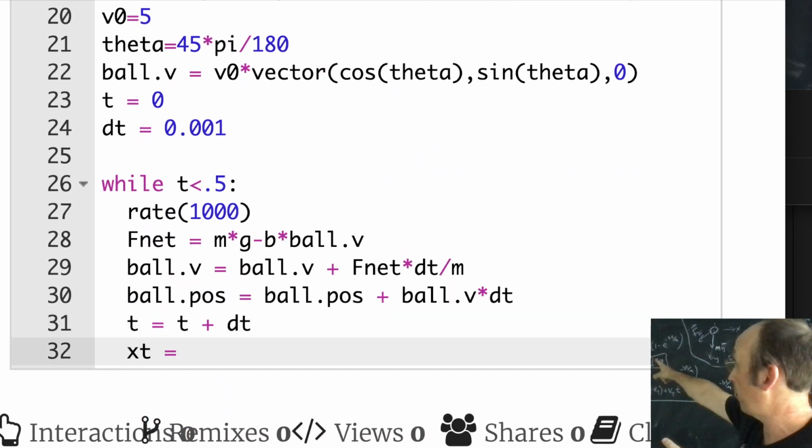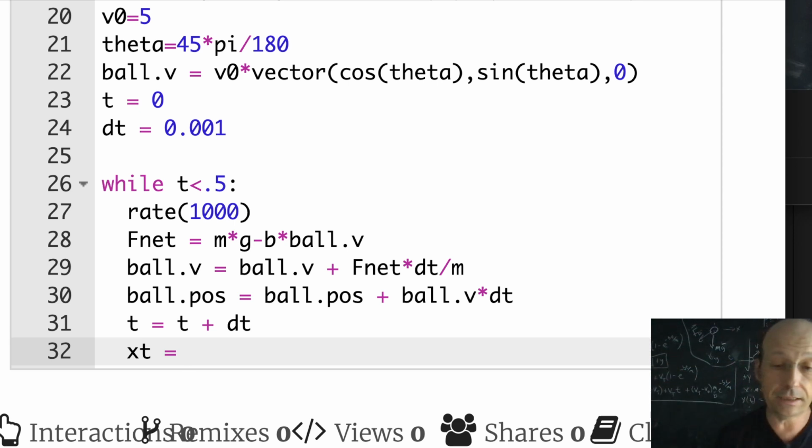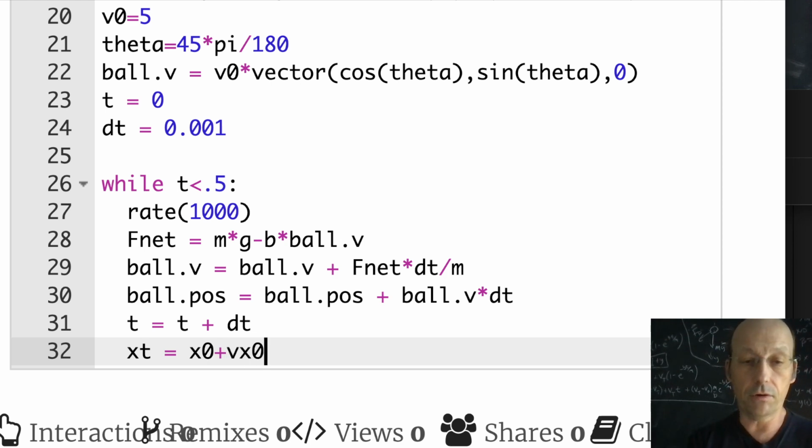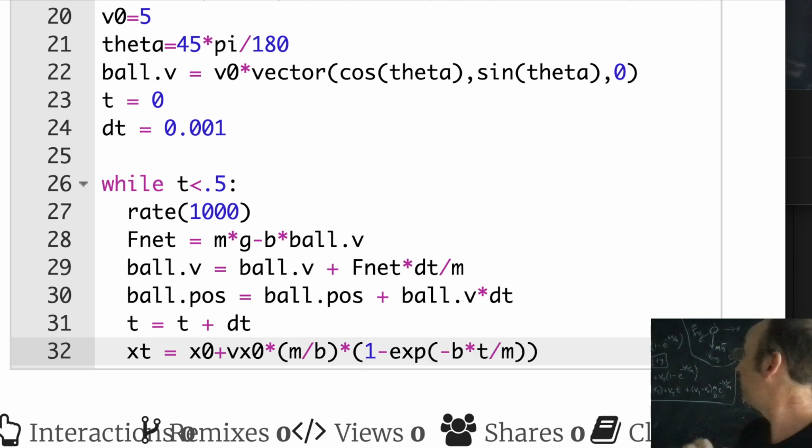So I'm looking right up here at my graph, my function that you can't see, but you can look at the other video. It's going to be x0 plus vx0 times m over b times 1 minus e to the negative b times t over m.